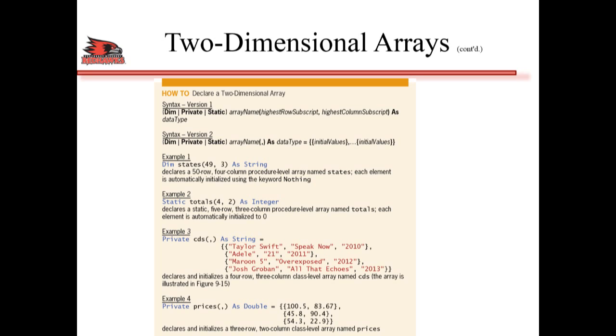Example 3 gives a good idea of that, where the user has initialized the array, and each set of braces is each row of your array, then separated by a comma, and that's the next row. It goes on like that. Coming back to example 1, that's just saying that we are declaring a 50 row, 4 column array, and that's why there's a 49 and 3.